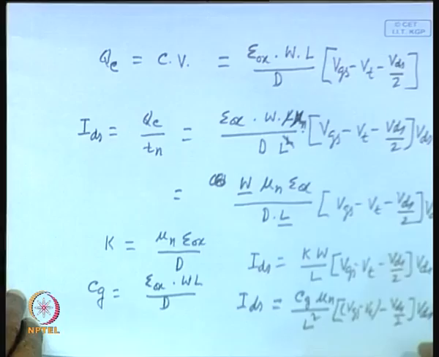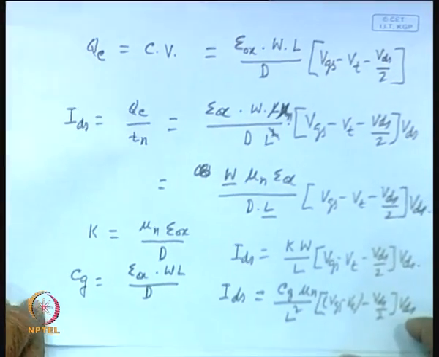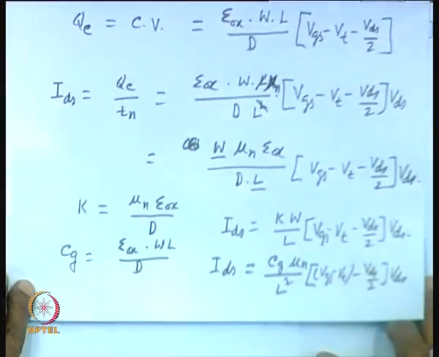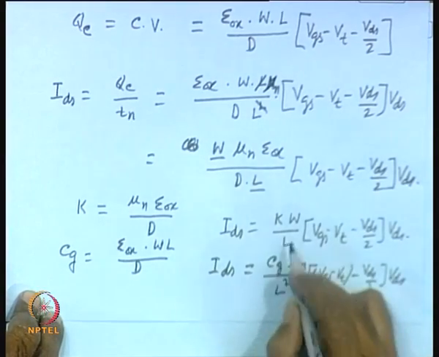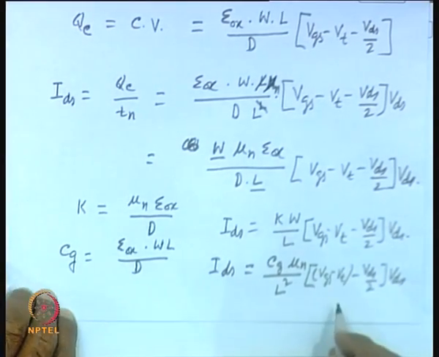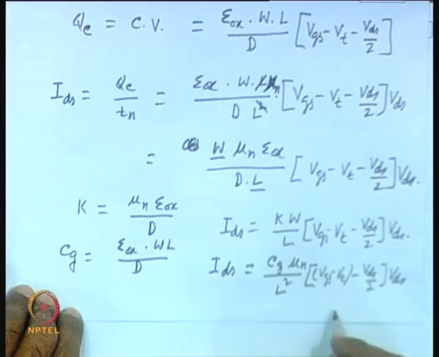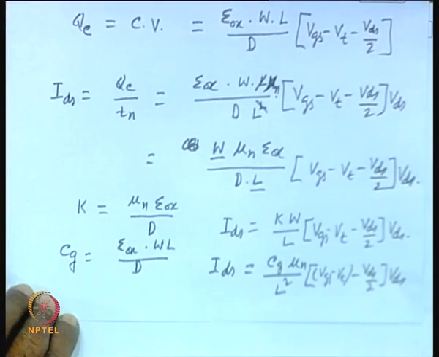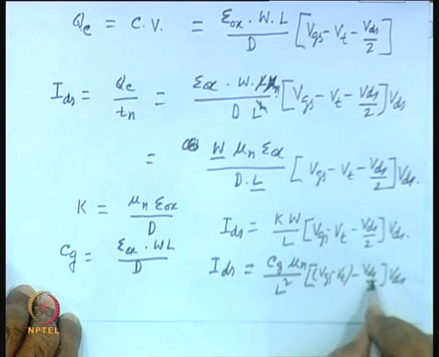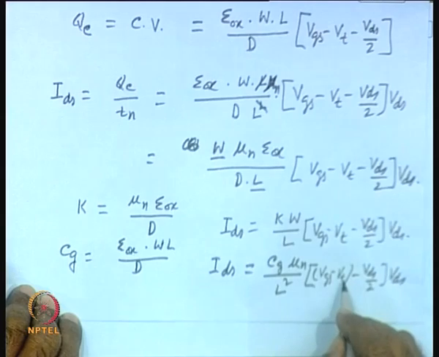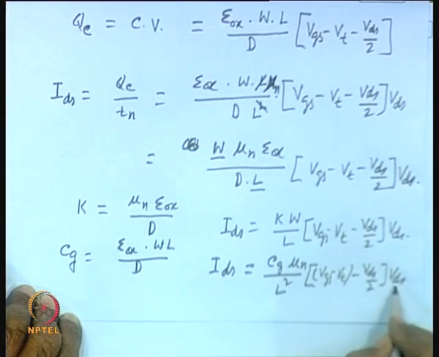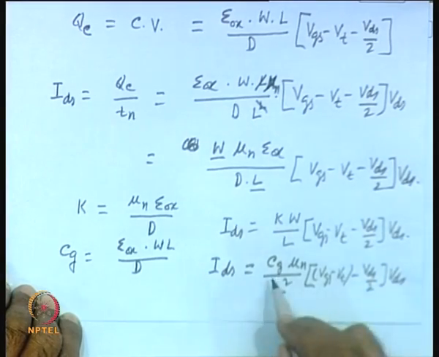Okay. So, this is the current that we get whenever the circuit is in the linear region. You may note that we are calling it linear region, but it is not exactly linear. Why is it not exactly linear? Because if we assume that V D S by 2 is too small compared to V G S minus V T, only then it becomes proportional to V D S. That means, if we neglect this part, only then it becomes linear.